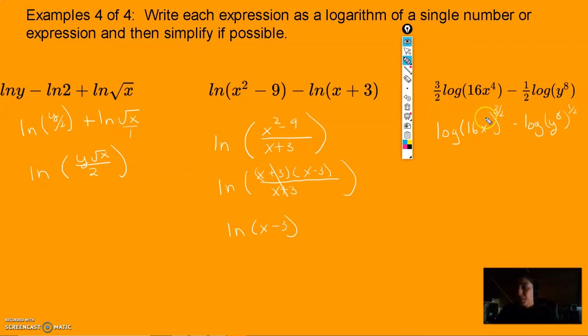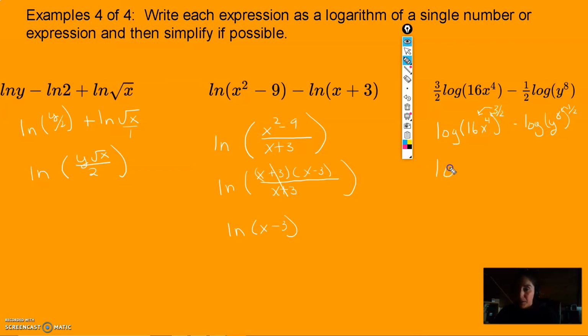And then I'm going to invoke rules of exponents, where it says that this exponent gets to distribute to everything inside the parentheses via multiplication. That's power rule of exponents. So I'm going to do that. So 16 to the 3/2 power. Well, the 1/2 power of 16 is 4, because that says take the square root, and then raise it to the 3rd power.